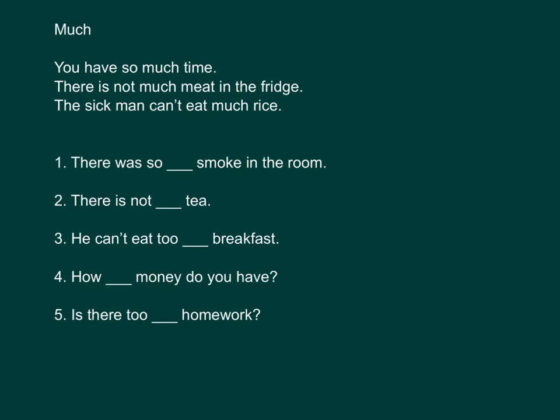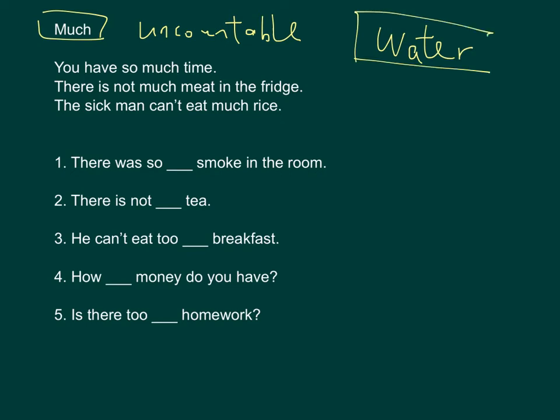Okay, before I start, let me ask you, do you still remember much, this word? What nouns would we describe? Yeah, uncountable. So in the previous slides, I've just mentioned that water is an example of an uncountable noun, right?